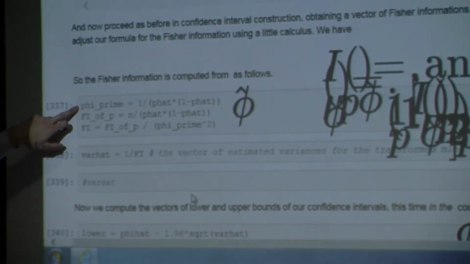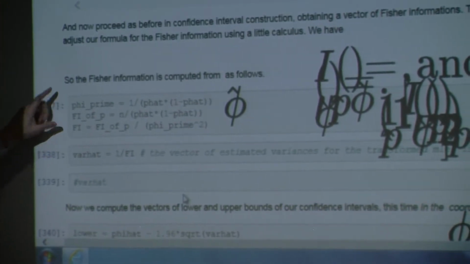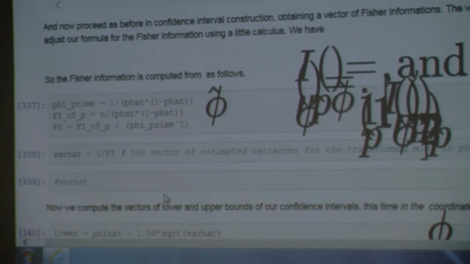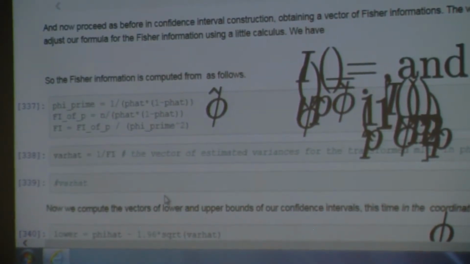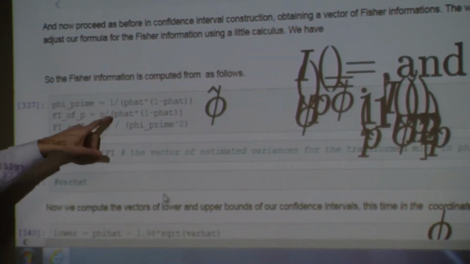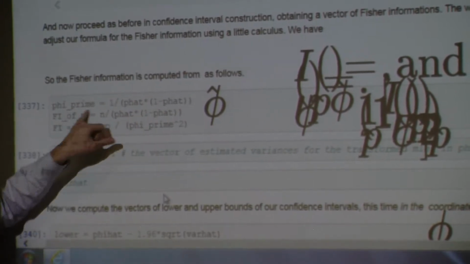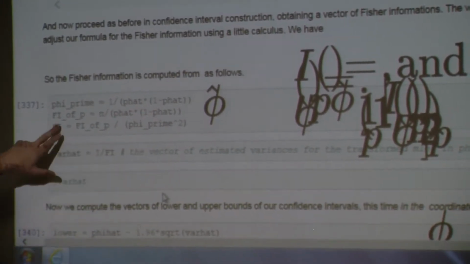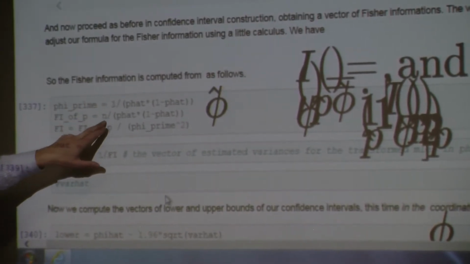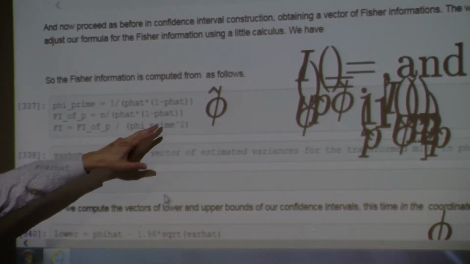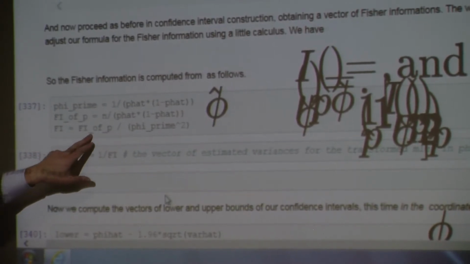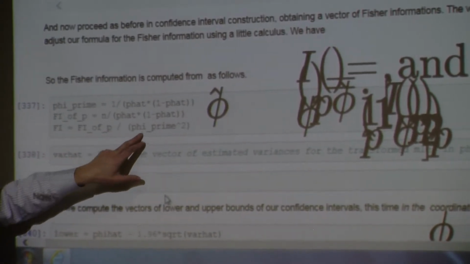Okay, so we can compute the Fisher information, and it's a little bit more subtle because we did a nonlinear transformation, so we have to use a little bit of calculus. I would take the derivative. So phi hat prime is 1 over p hat times 1 minus p hat. The Fisher information of p is n over p hat times 1 minus p hat. And the Fisher information of phi is the Fisher information of p divided by phi prime squared.